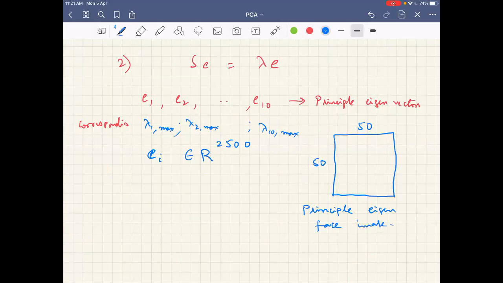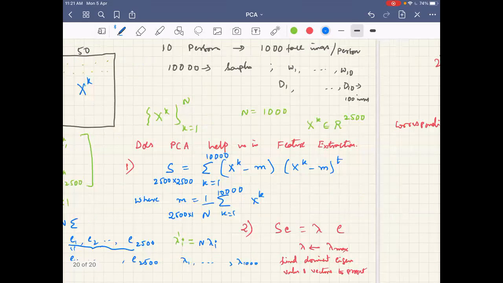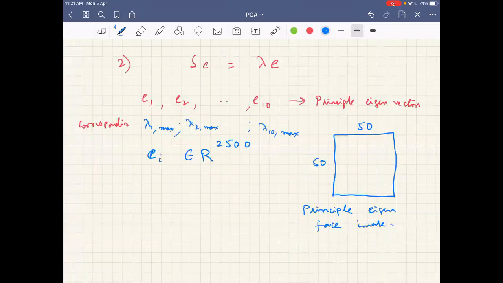Interestingly, it will capture most of the details of the data set. In subsequent classes I will show in the presentation how they look on real data, captured for a good number of persons. It looks like a face image, and it is referred to as either an eigenface or a ghost face.